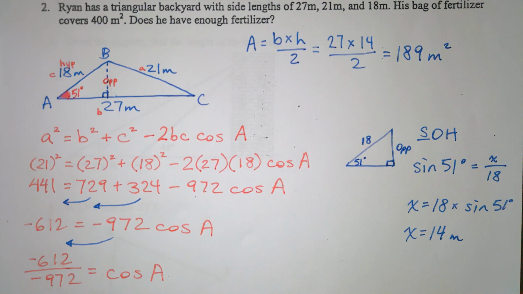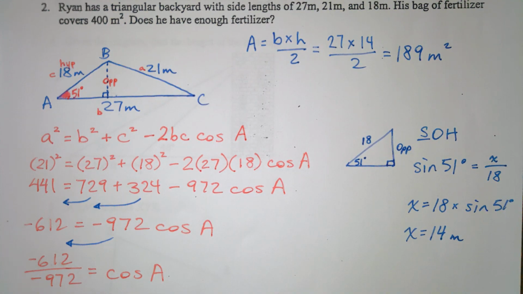So to wrap up, when do we use SOHCAHTOA? Right angle triangles. When do we use cosine law? Non-right angle triangles given three lengths, or an angle in between. Good. When can we use sine law? When you're given a pair of angle and length.